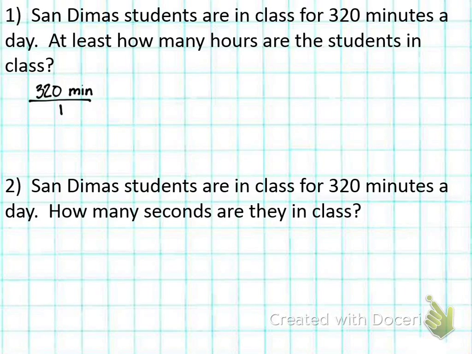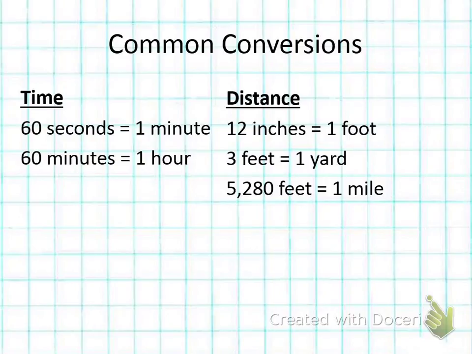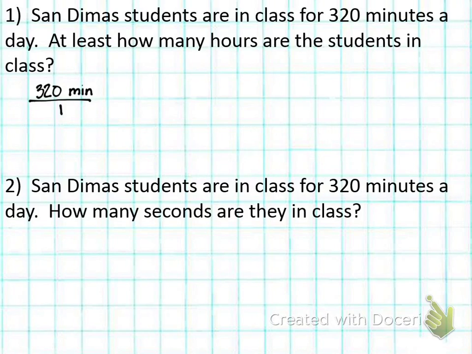So if I go back to my previous page on time, I know there are 60 minutes in an hour, right? Okay, so I want to go from minutes to hours. So I'm going to multiply by another fraction, and I want to put the minutes on the opposite side of my fraction. So I want to put minutes down here. And I'm going to use my conversion factor.